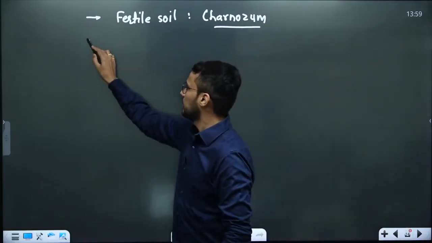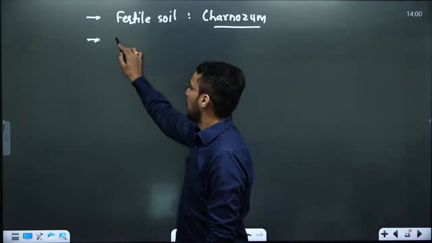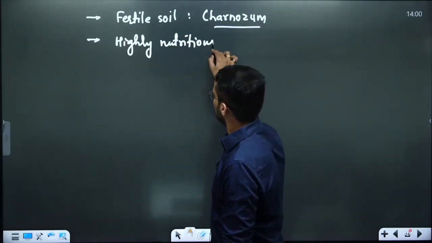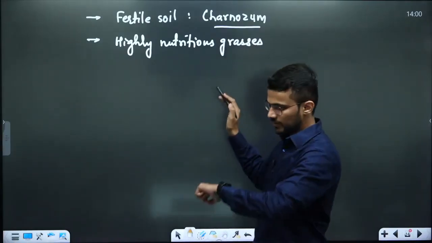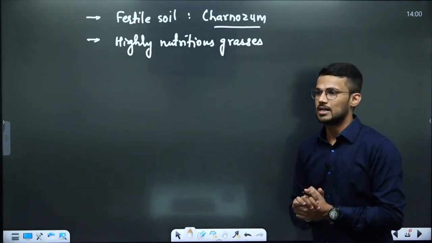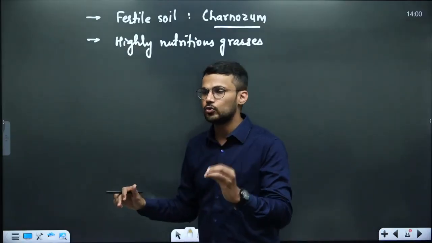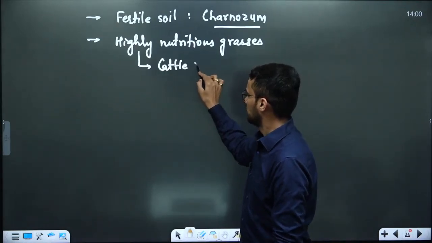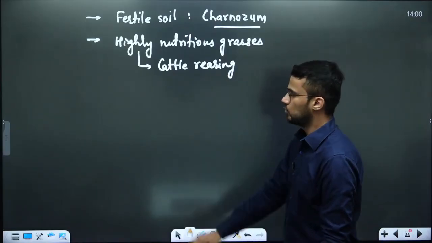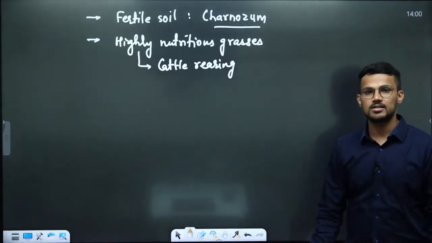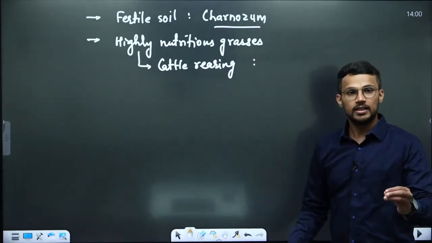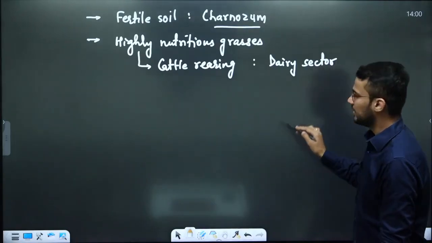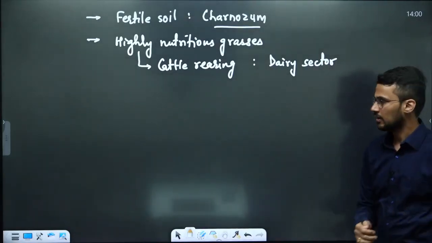Because of this fertile soil, we have highly nutritious grasses. इस फर्टाइल सॉइल के वजह से इस एरिया में हाईली न्यूट्रिशियस ग्रासेस होते हैं, and due to these highly nutritious grasses these areas are famous for cattle rearing, and that's why they have dominance of dairy sector. डेयरी सेक्टर डोमिनेंट होता है इस रीजन में, ठीक है.